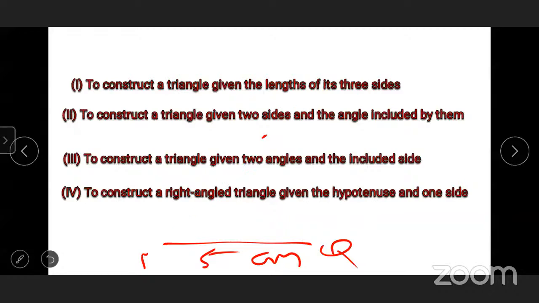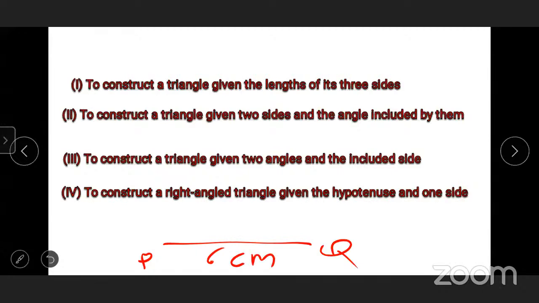The third type of construction of a triangle is to construct a triangle given two angles and the included side. First we draw the base of the triangle and write the measurement of this.